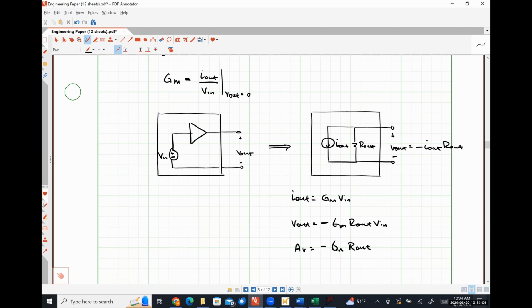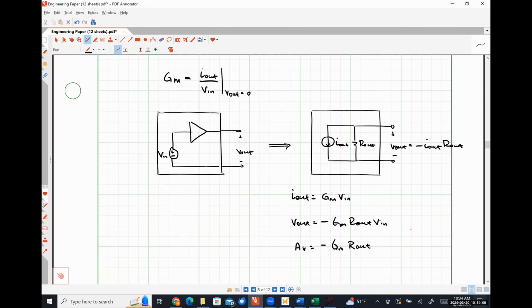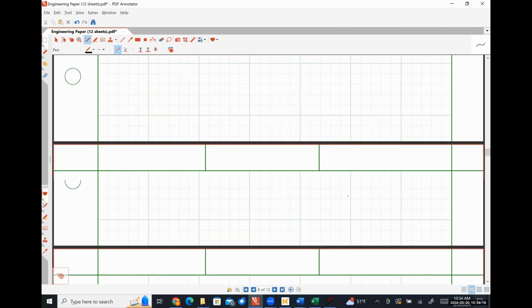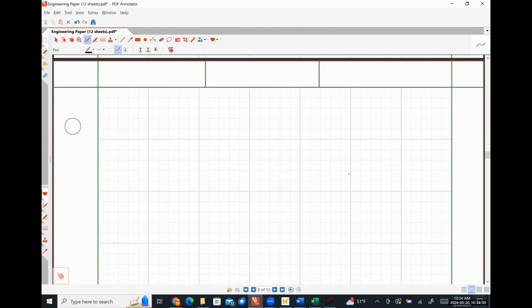So we've got 10 minutes left. So let's prove this quickly. So let's say that I have a common base amplifier. Here's RD.